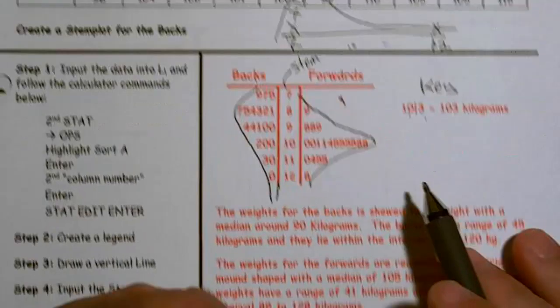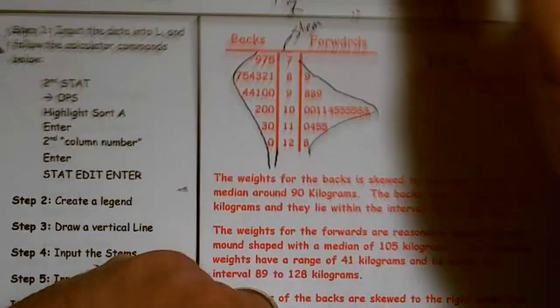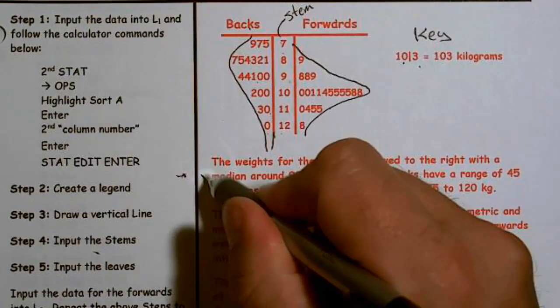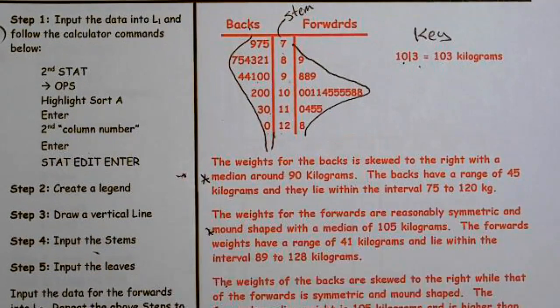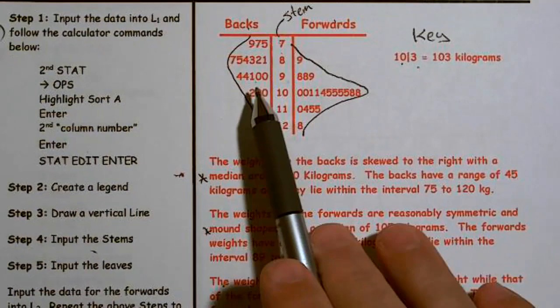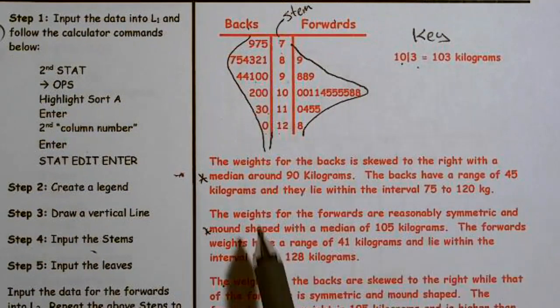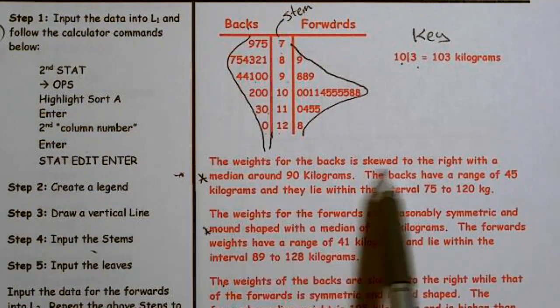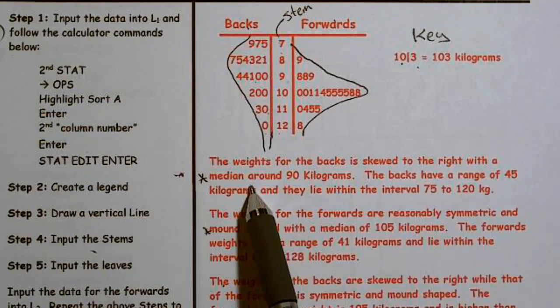All right, this first part, I'm going to save you some time on what you need to write because I've written a ton here, but you can skip writing this first part and the second part. I just want to show you what I have. If this was not a back-to-back, if I only had a single description, I would need to describe the backs. Well, the weights for the back are skewed to the right with a median of about 90.